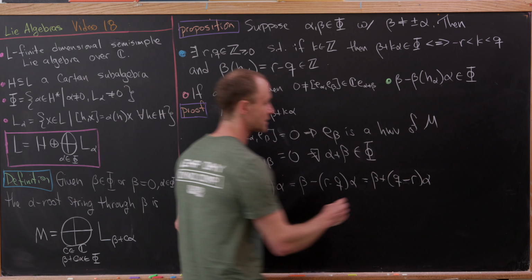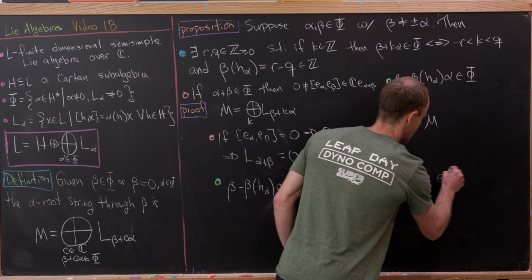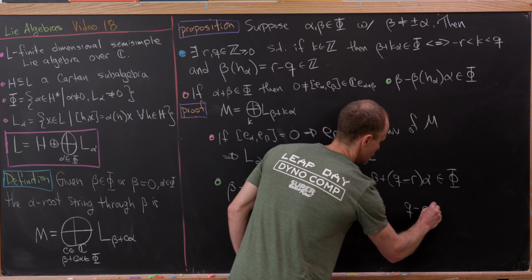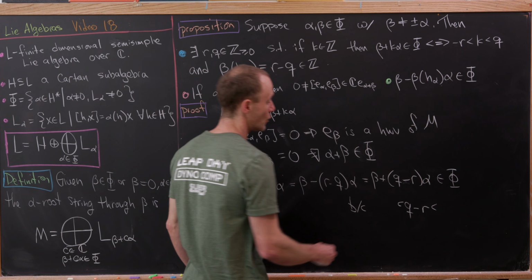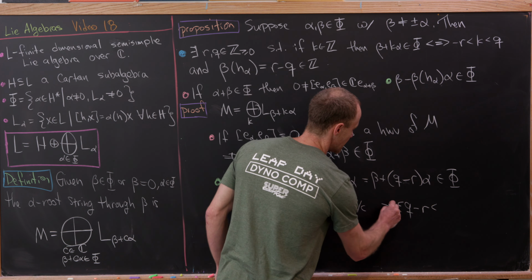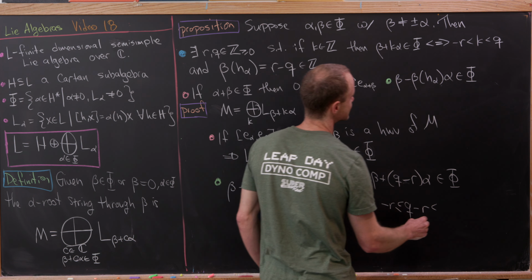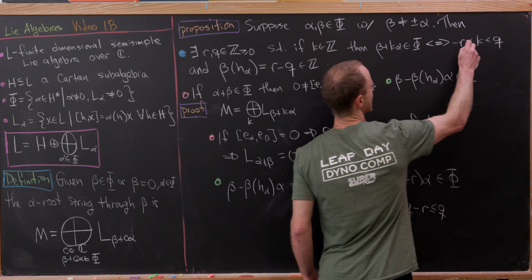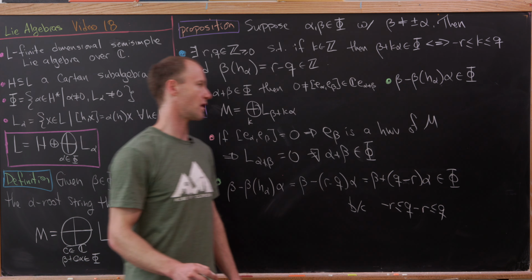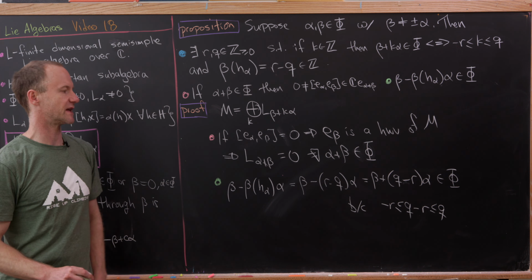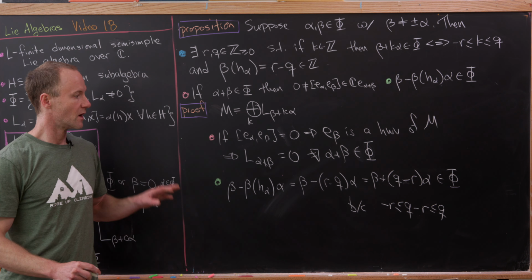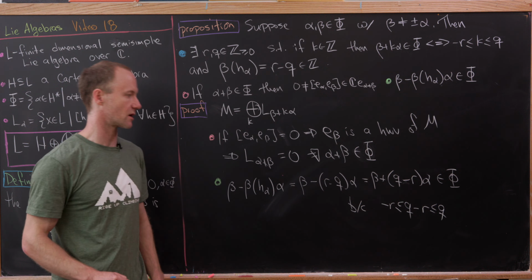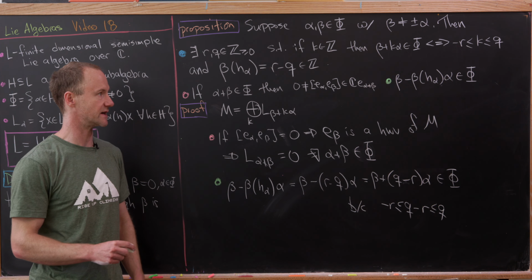But now let's observe that that's most definitely going to be a root, and that's because the number q minus r lives between these two numbers minus r and q, just kind of naturally. Oh, and that should have been a non-strict inequality, which we saw during the proof, but I just had a typo up there. Okay, so just to reiterate, we know that this is a root because our q minus r lies between minus r and q.